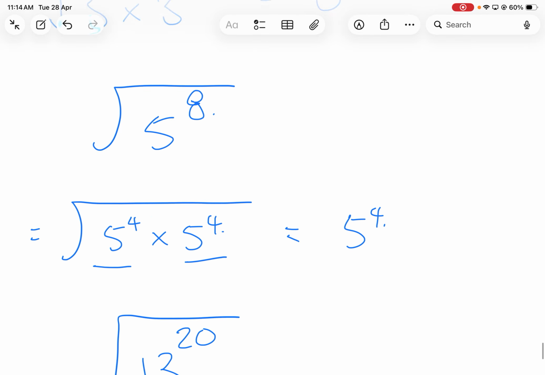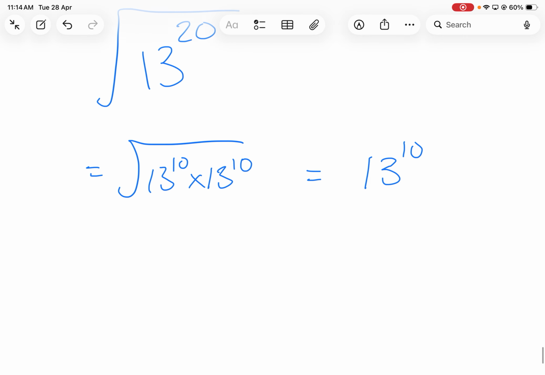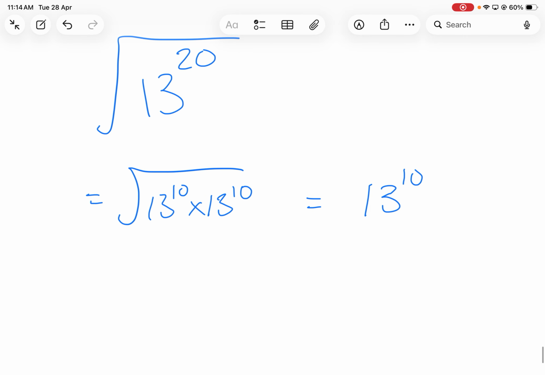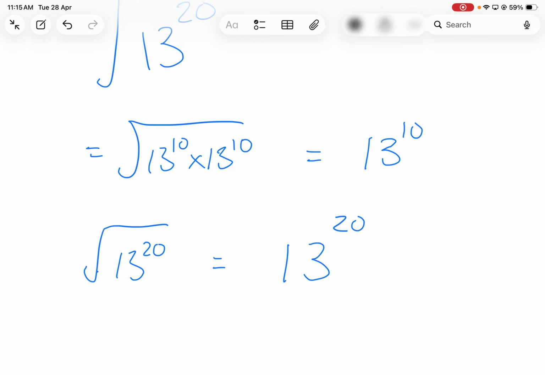Okay? So, if I don't like to use the square root sign, what is the square root sign actually doing to the power? What the square root sign is actually doing to the power is dividing the power by 2.